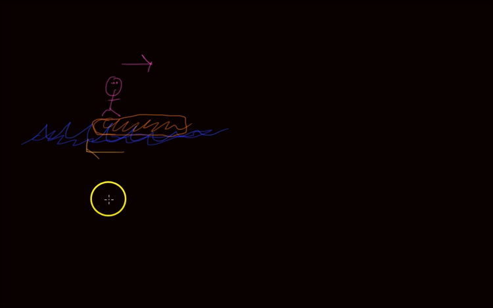So the log will actually move backwards because as he exerts a force kind of downward, it's actually pushing the log backwards because the log is exerting a force like this, upward, which is pushing itself backwards in theory. So, let's see. I think that's about it.